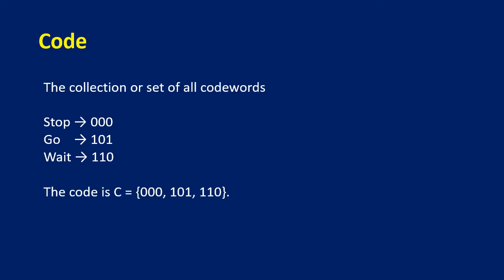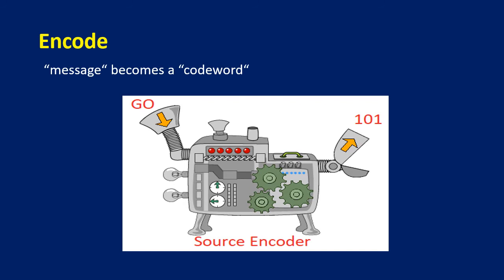Now when we collect our code words and form them in a set, we call that your code. In the previous slide, we mentioned that these are your code words, and when you collect them in a set, that is now your code. What do we mean by the word encode?